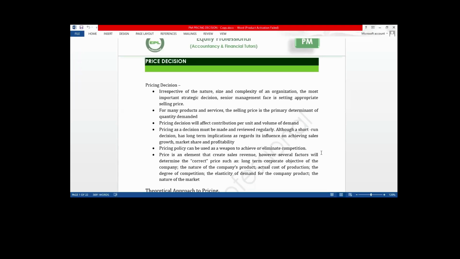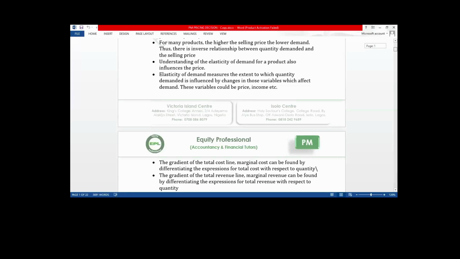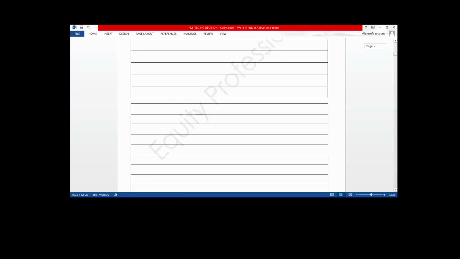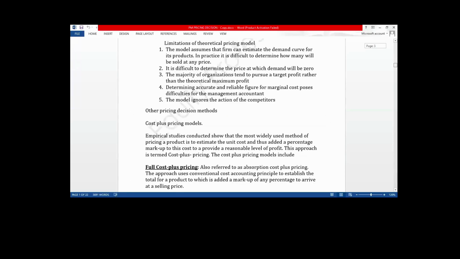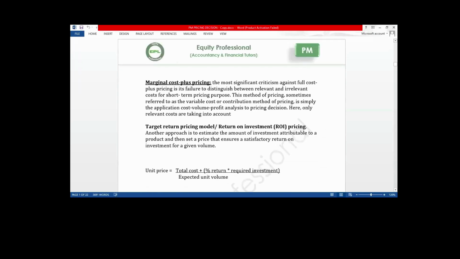I will explain the introduction to pricing. What are the methods of determining price?